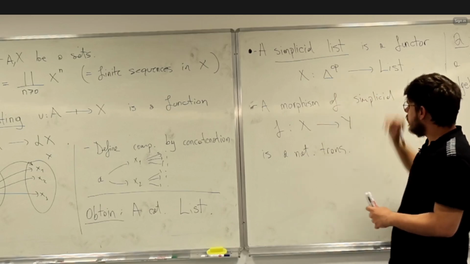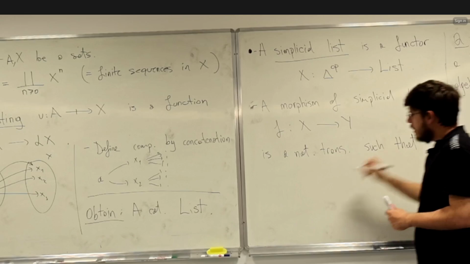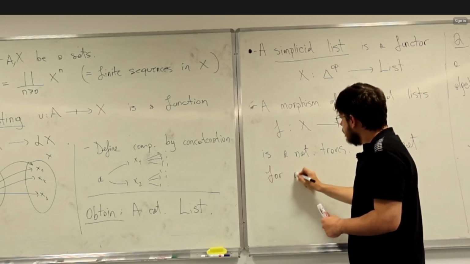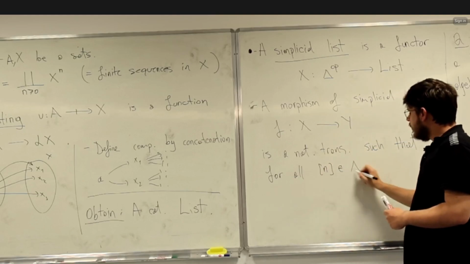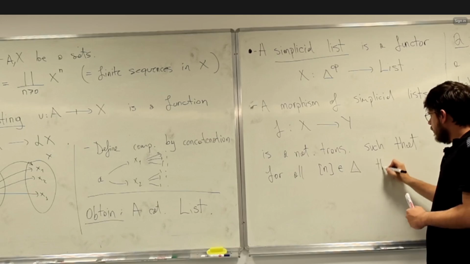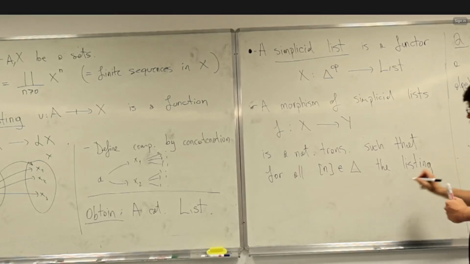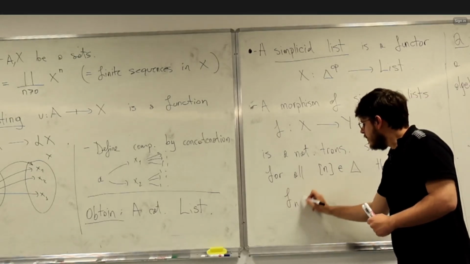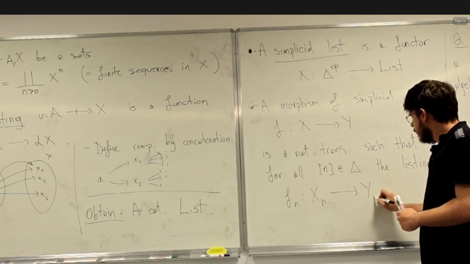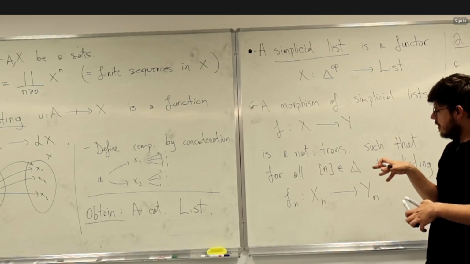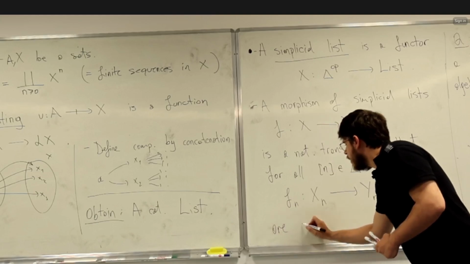for all objects of Delta, the listing, so normally in a natural transformation, these are allowed to be listings, but I want them to be functions. So they are functions.